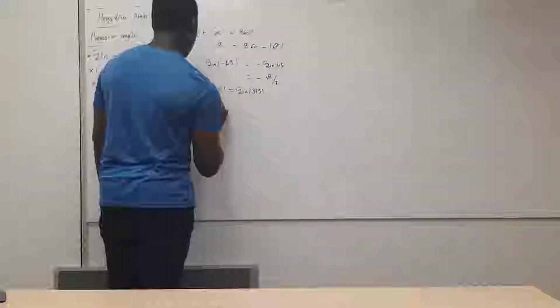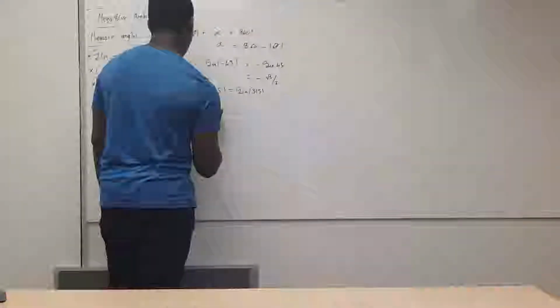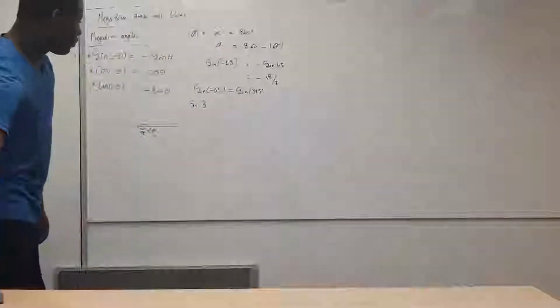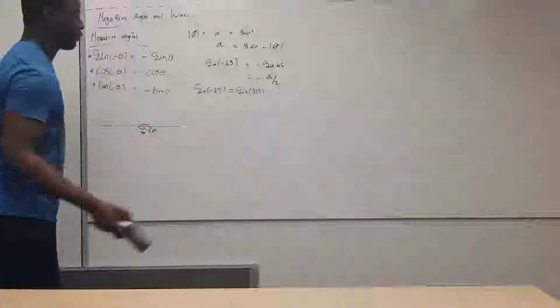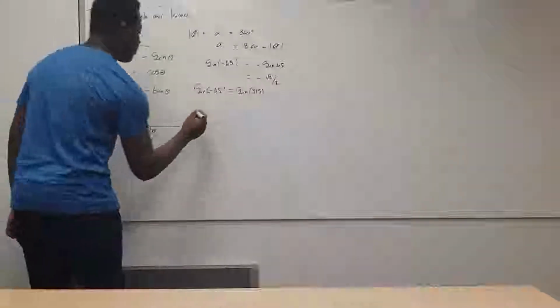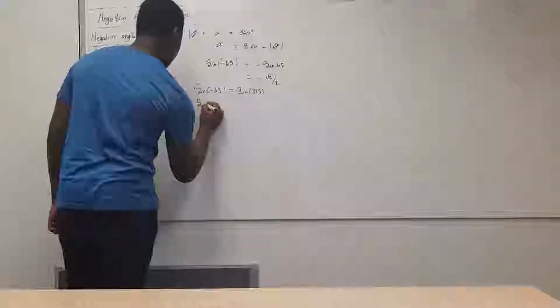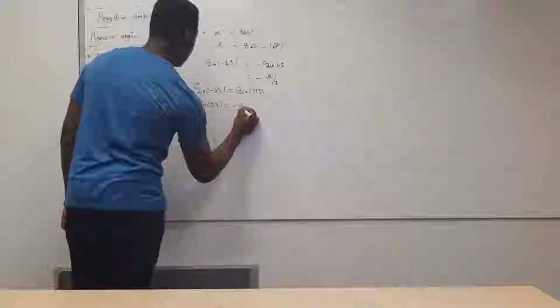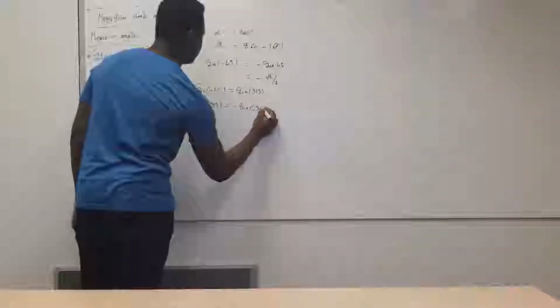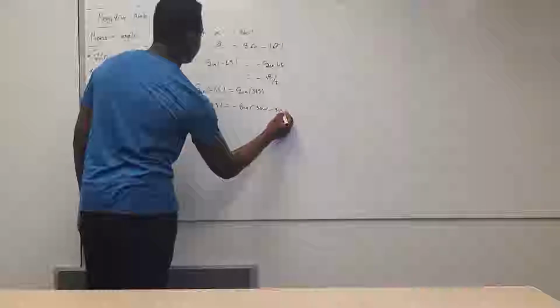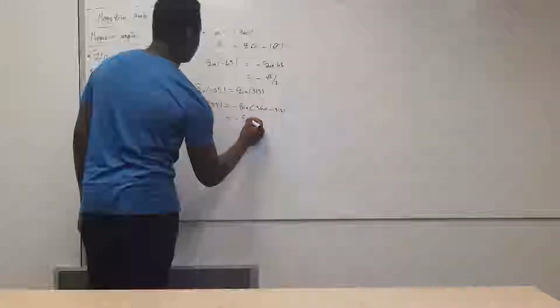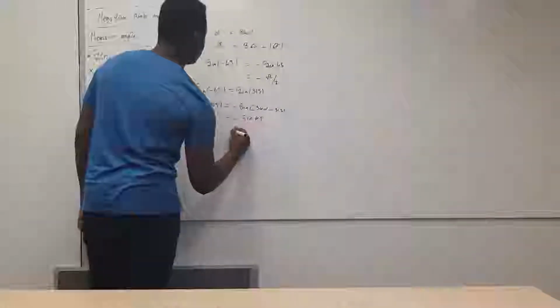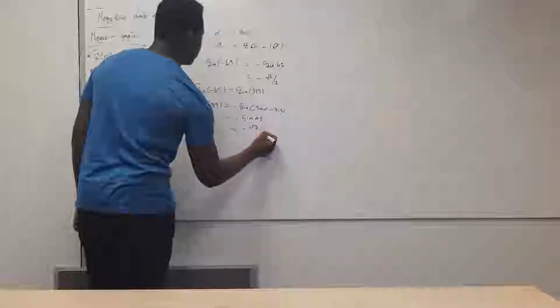So sine of 360 minus 45 is equal to negative sine 45, which is equal to negative root 2 divided by 2.